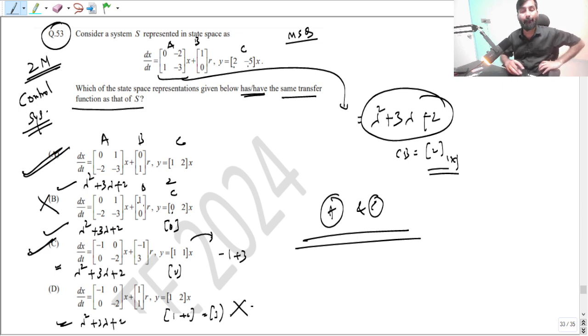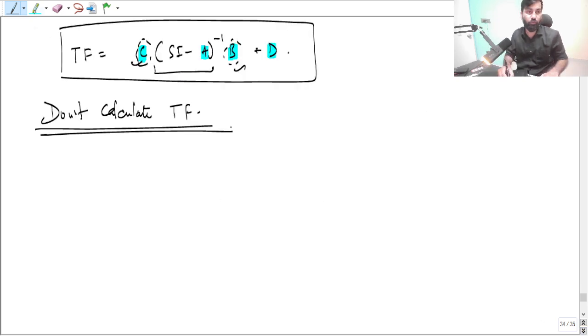So if you know linear algebra, then life is very simple, right? If you want to learn such techniques, my main objective is what? You have to remember this formula first of all, and you don't have to compute the entire transfer function.